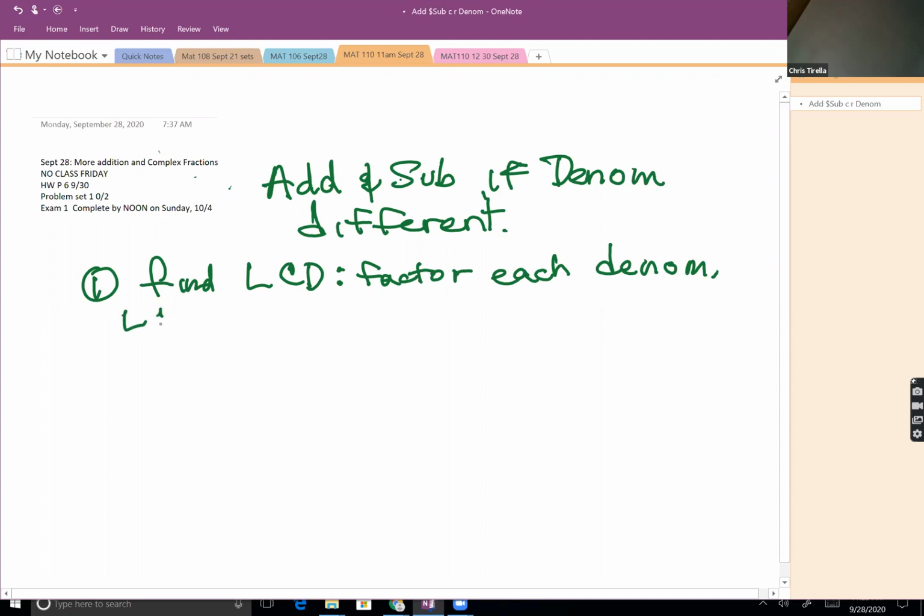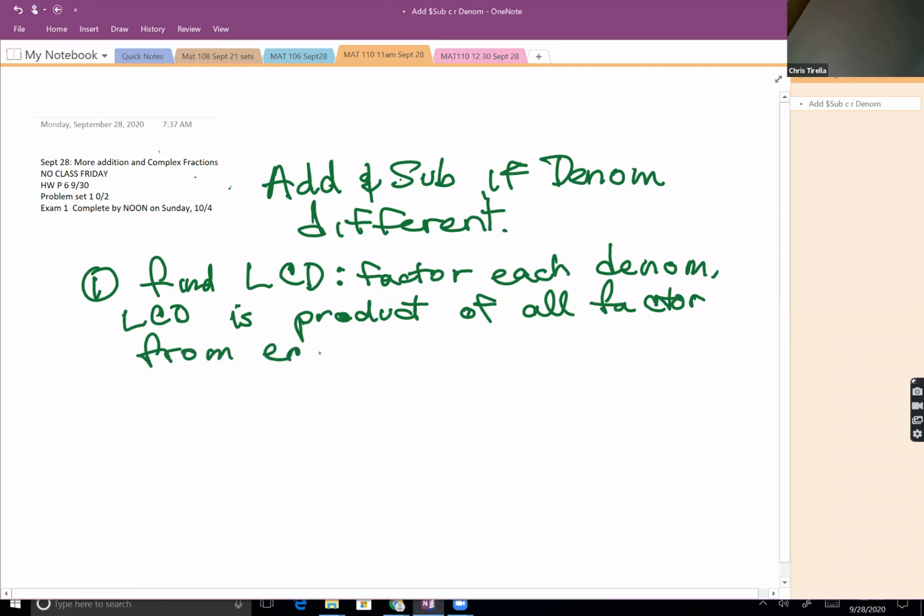The least common denominator is the product of all the factors from each. If there's a common factor, you use the highest exponent.